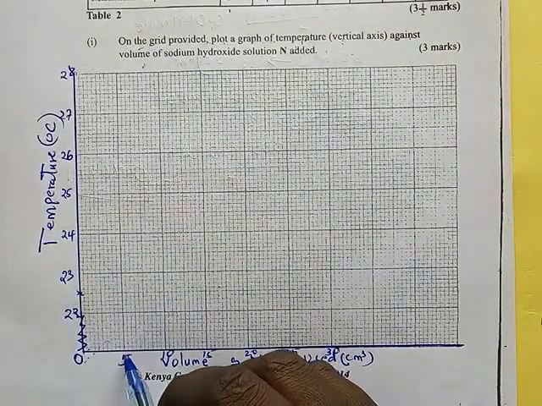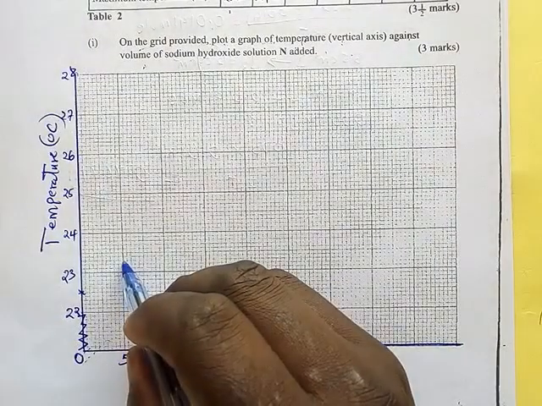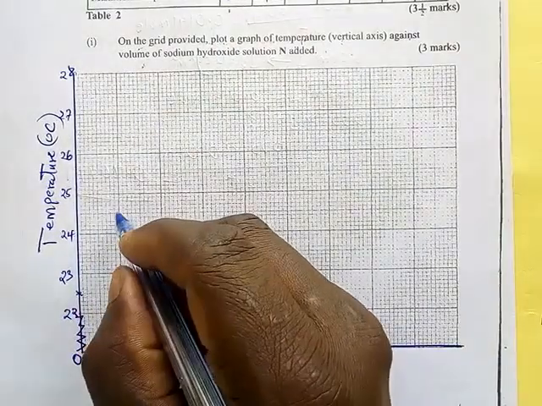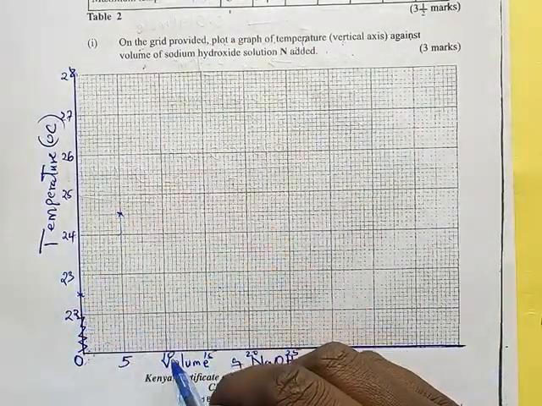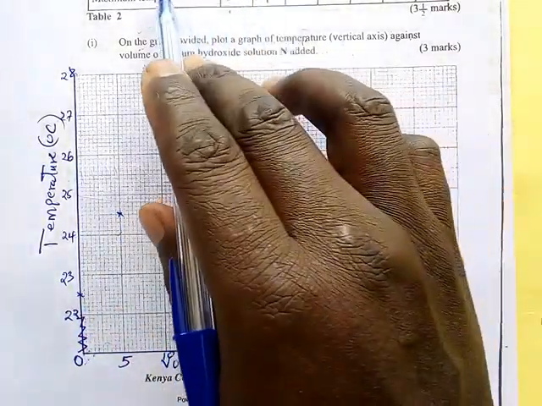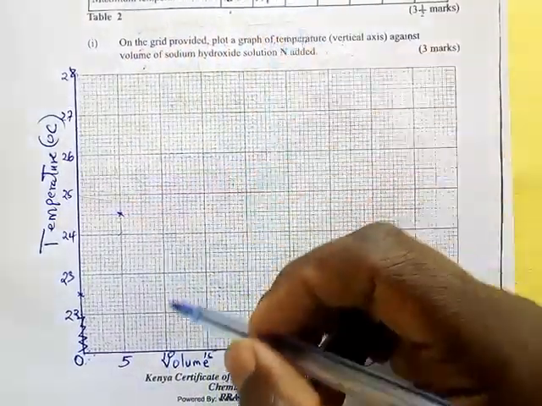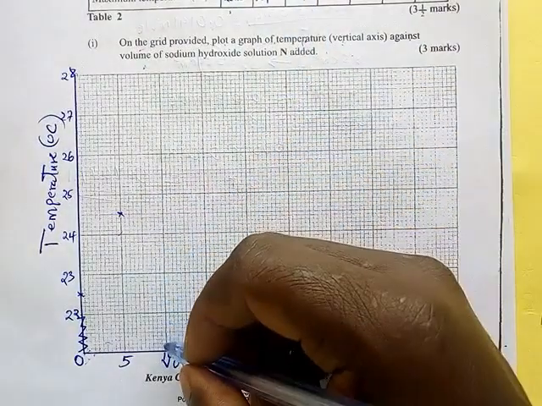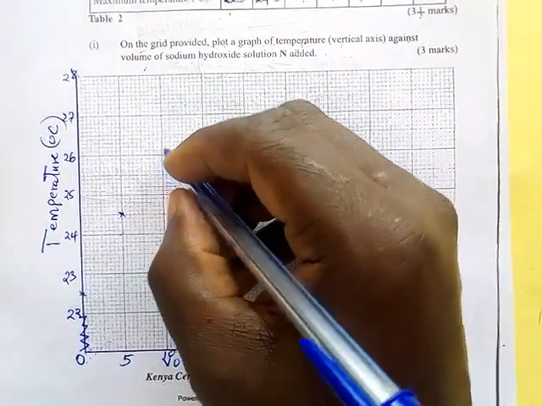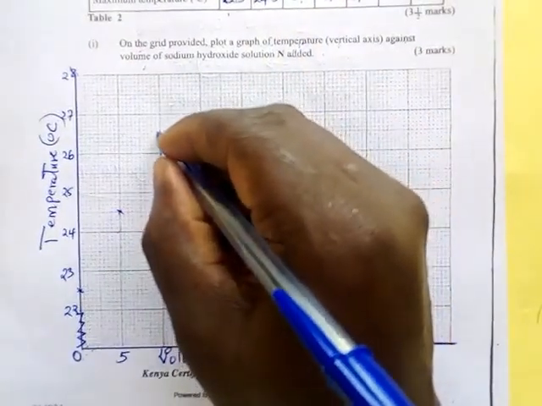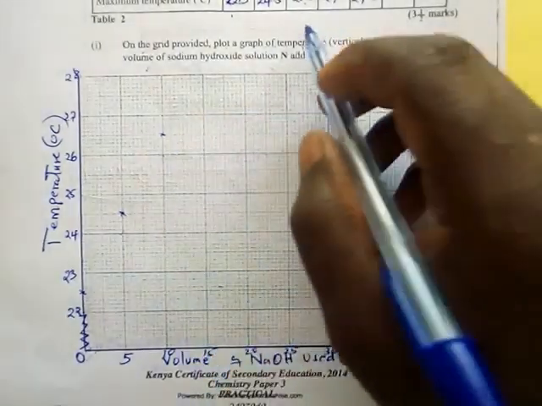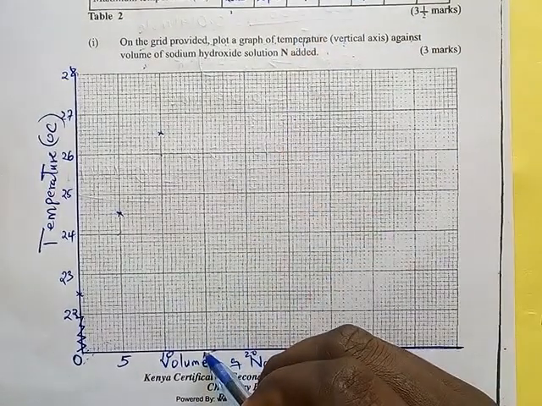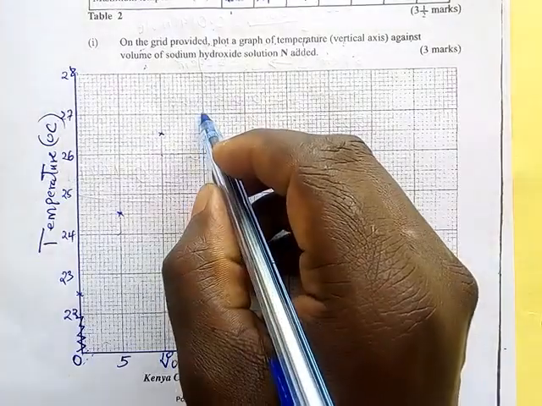When the volume is 5, the temperature is 24.5. This is 24 and the 0.5 is here. When the volume is 10, temperature is 26.5 here. When volume is 15, temperature is 27. 27 is here.